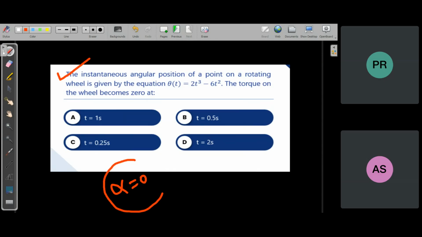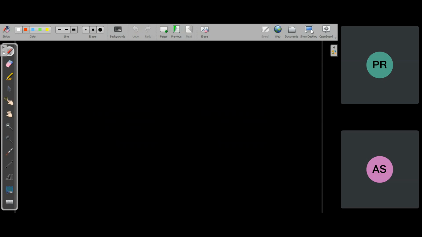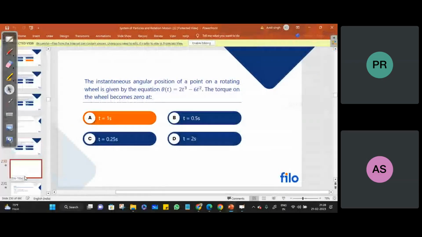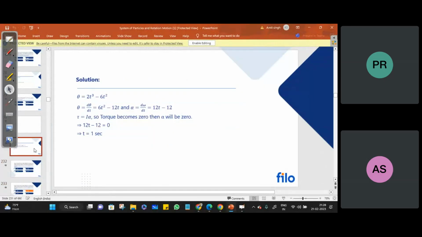Okay, sorry, sir. Alpha equal to 0. Sir, if the alpha found is equal to 0, then we can get it. Yes. So it is not equal to 2 seconds, it's equal to 1. Are you getting it? Yes, sir. Yes, I'm getting it. What you did is wrong. So be careful.